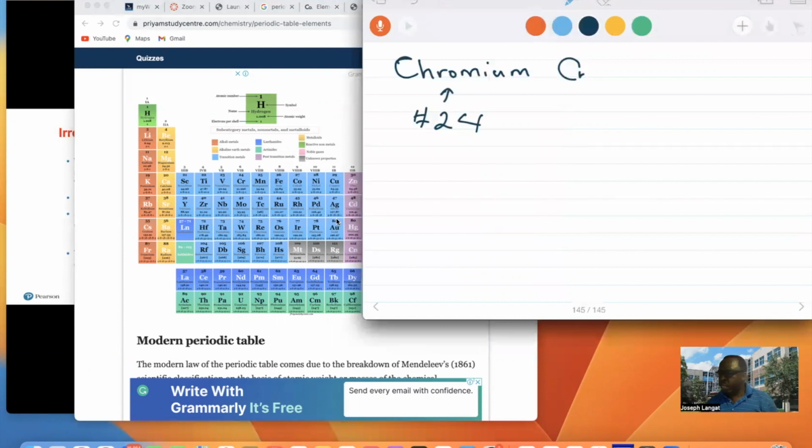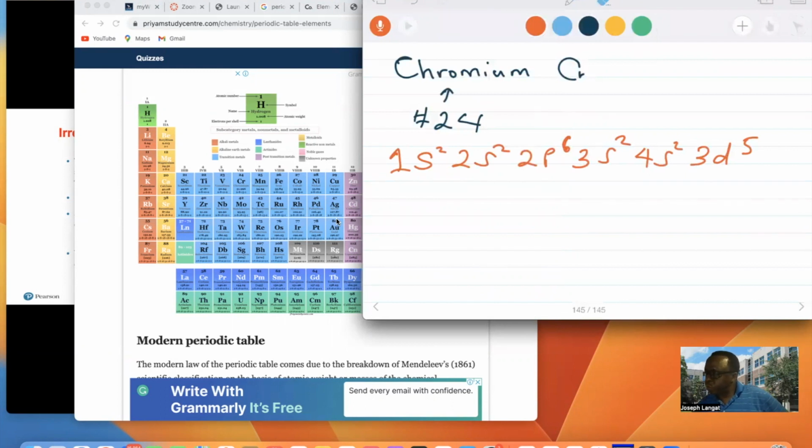If someone asks you to write the electron configuration, I know some of you will say, if we were to do the way we did before, 1s2, 2s2, 2p6, 3s2, 4s2, that's 20, up to here we have 20 electrons.